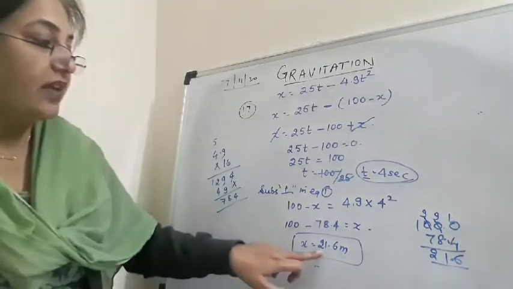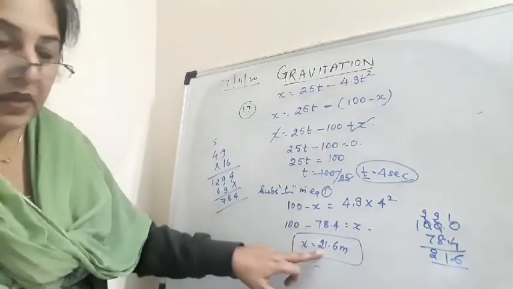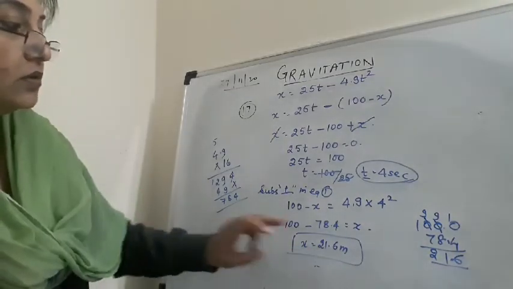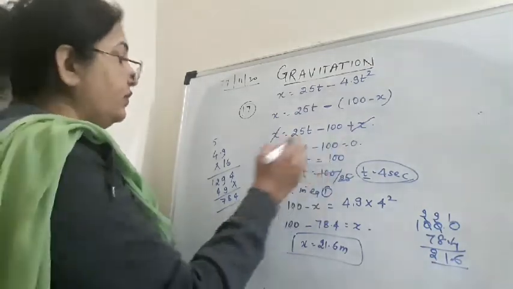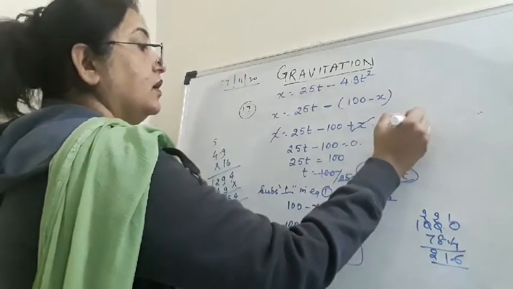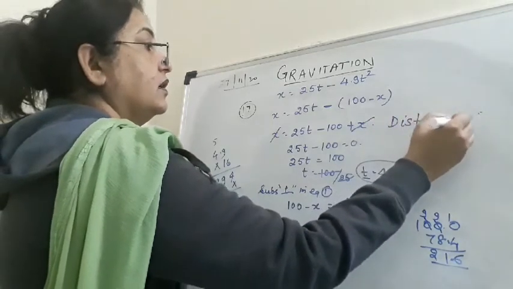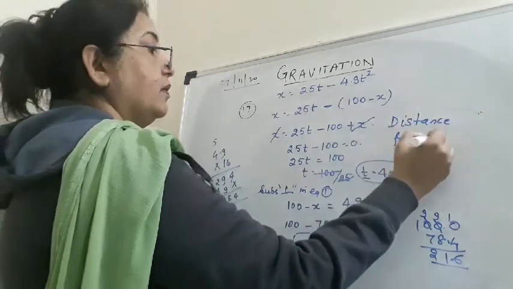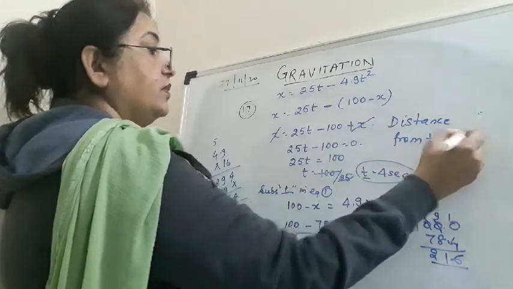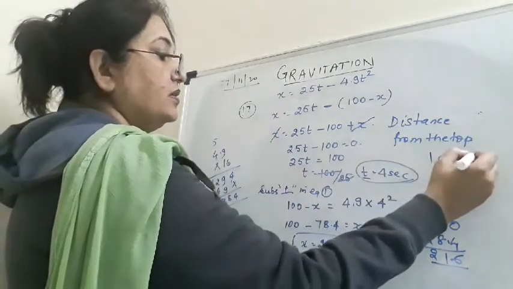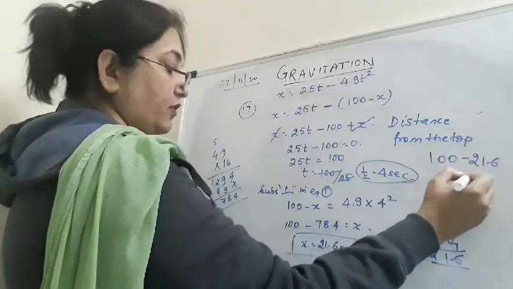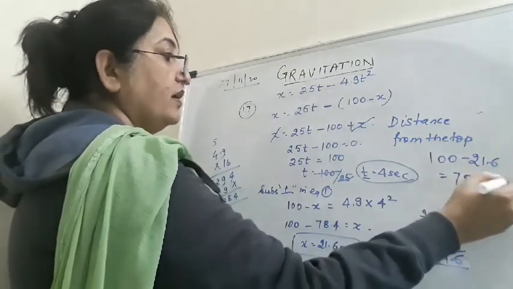Now what we have calculated is from the ground. So distance from the top means total 100 was the height, 100 minus 21.6, which will give you 78.4 meters.